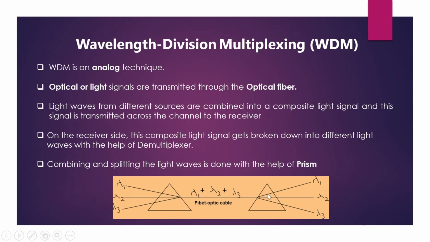So here they get demultiplexed. Combining and splitting the light waves is done with the help of a prism, as you are already familiar with the properties of a prism. So here a prism is used to do the multiplexing and demultiplexing.